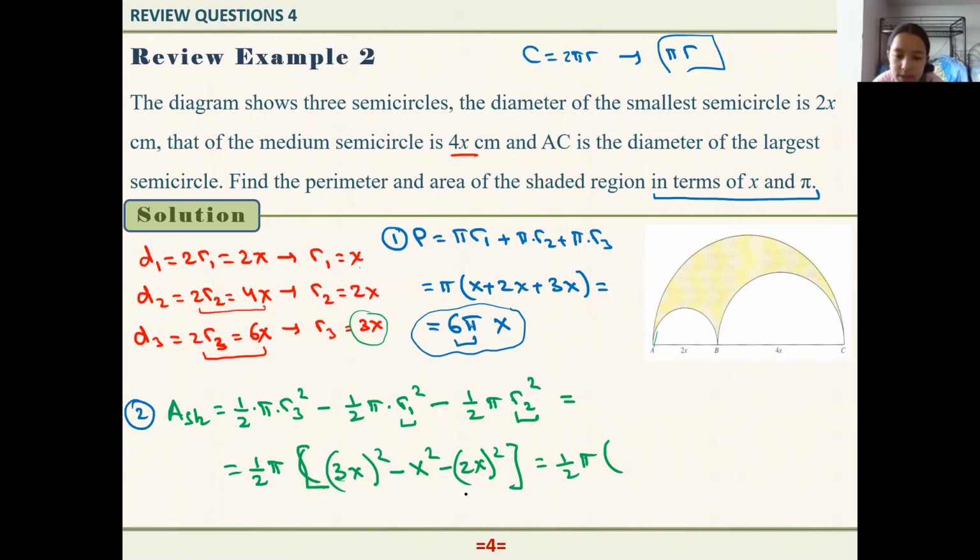It is 6x. Oh my gosh, again the same mistake. No. 3 squared, what is 3 squared? 9. It is 3 times 3, right?